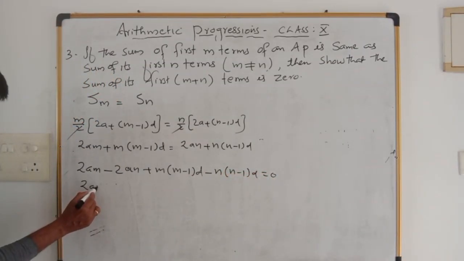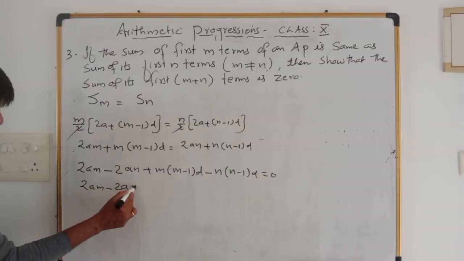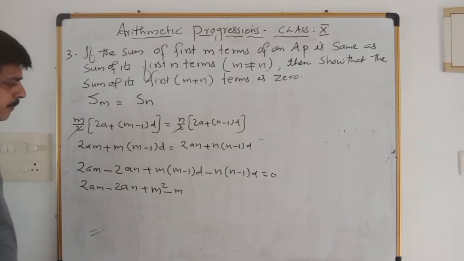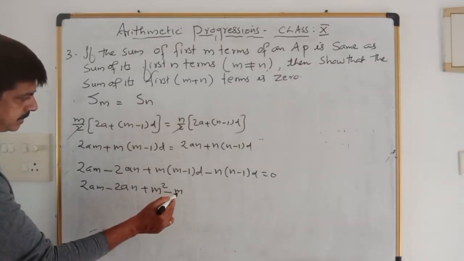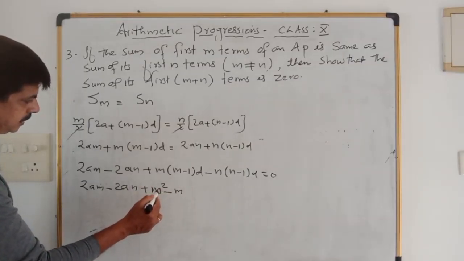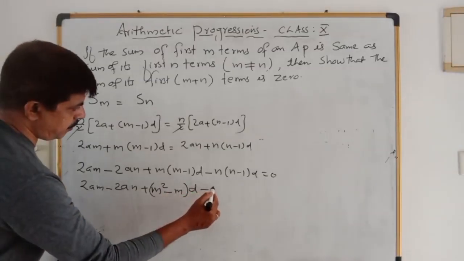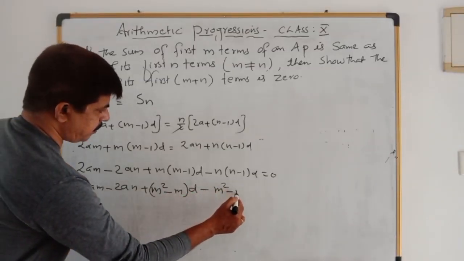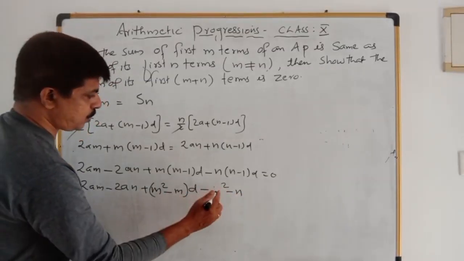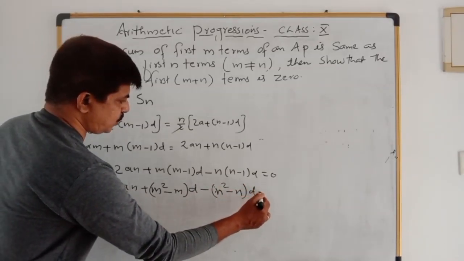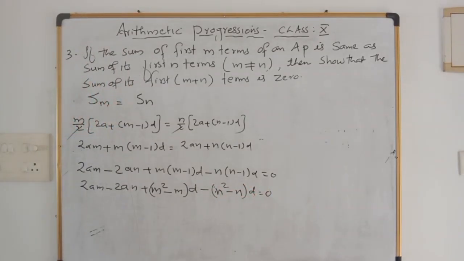So therefore 2am minus 2an plus (m square minus m) into d minus (n square minus n) into d is equal to 0.